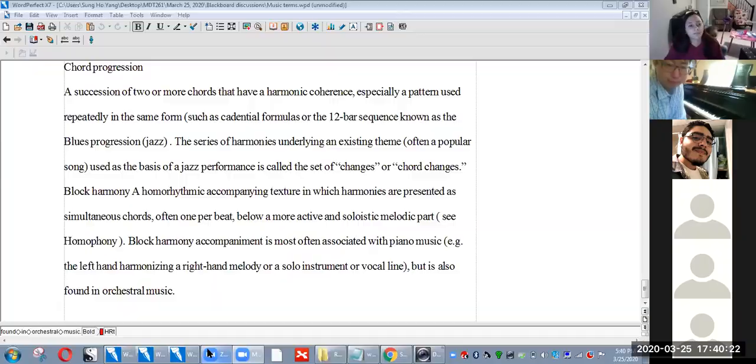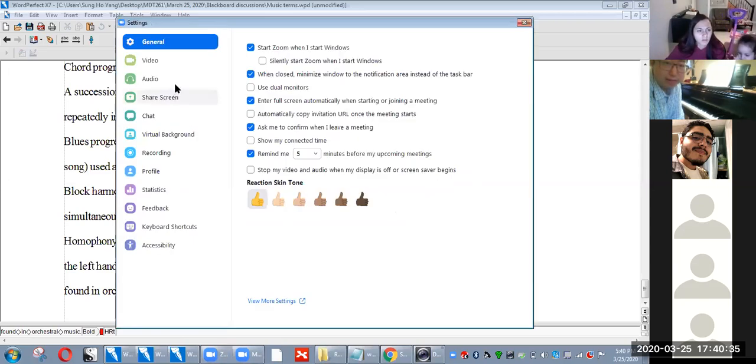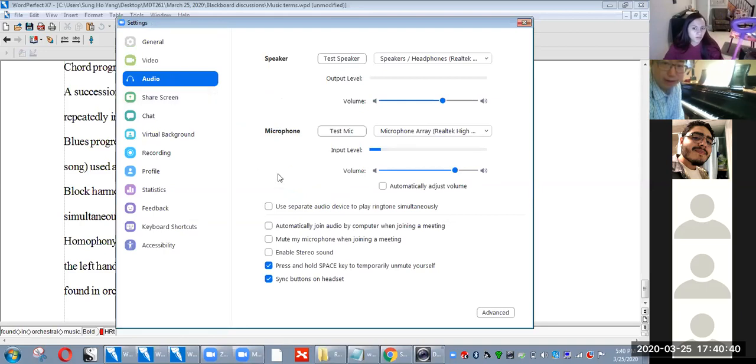can I go over it for everybody? Let me share my screen. Go to Zoom and find the settings button. Click it and press audio right here, and then disengage automatically adjust volume.